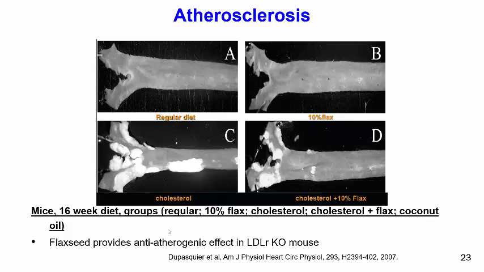What the study found overall, that the mice that consumed a diet that included flax seeds, or particularly ground up flax seeds, that had an anti-atherogenic effect. An anti-atherogenic effect is one that is a situation where the production of plaque is reduced.